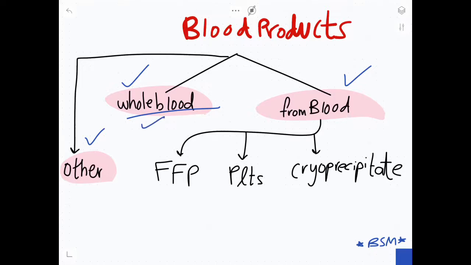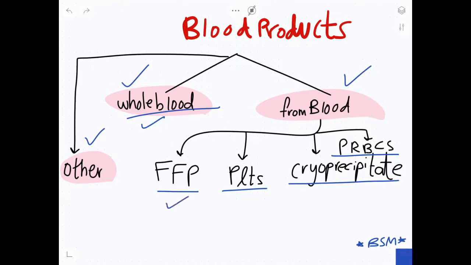And what do you exactly give? Oh, I forgot something. Let me add it in. Okay, so these are all the available options. You have fresh frozen plasma, platelets, cryoprecipitate, and packed red blood cells. So if somebody has a hemorrhage, what do you give them? You don't just give them packed red cells. So you give them three things.